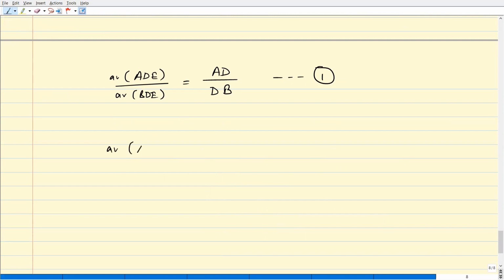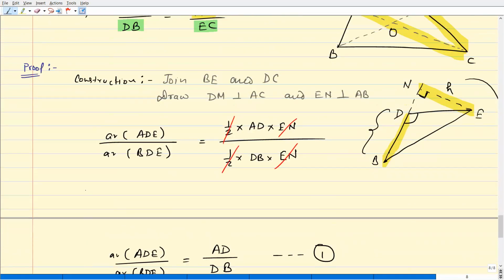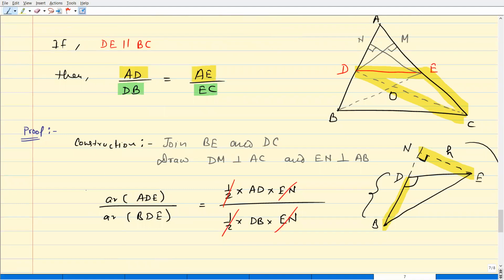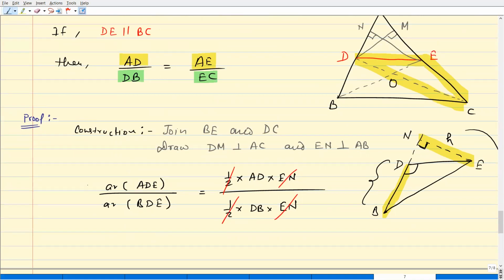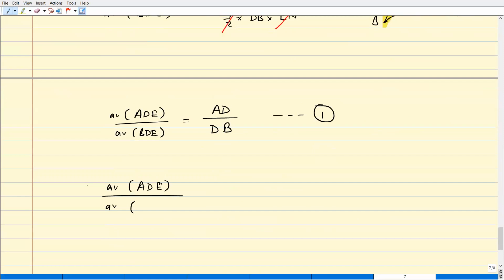So area of triangle ADE again, but this time in the denominator, I'm going to keep area of triangle DCE or CDE, whatever you want to keep it. Let's keep it as CDE.